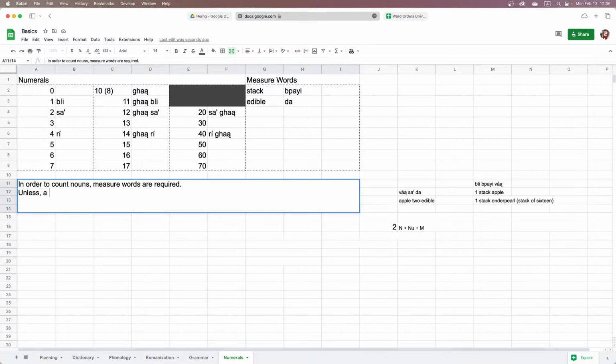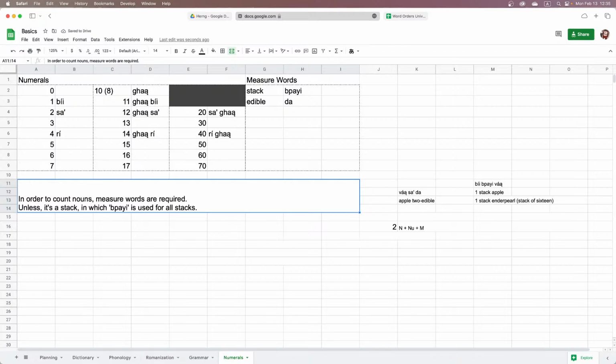Unless it's a stack, in which case bayi is used for all stacks. It would be a bit unconventional, but I think it would work. Kind of like how measure words for boxes of stuff in Japanese work for any noun, not just specific ones.